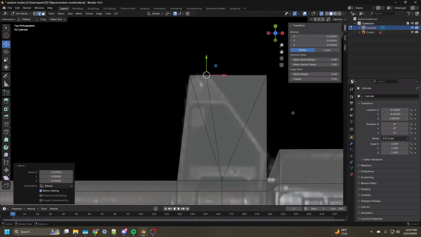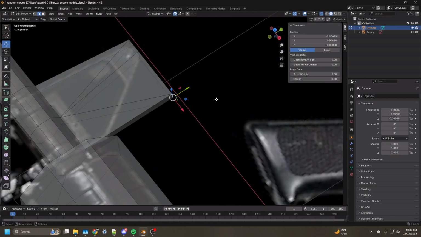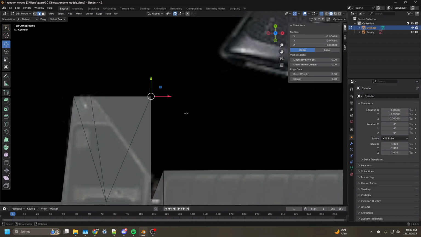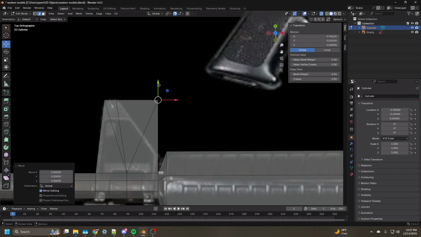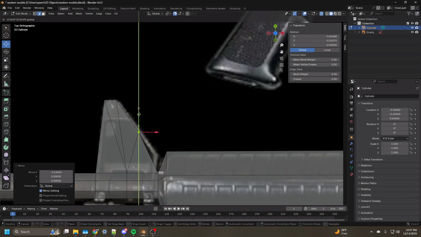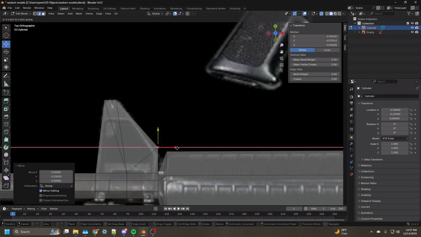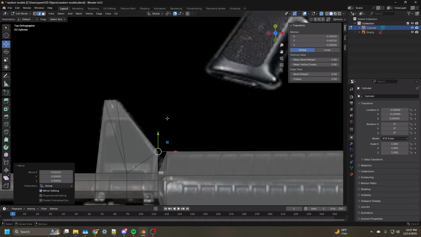Ah, and then I take this one and I align it not exactly there, but I guess I go half-ish. What if I put it in that corner right there? Well, that turned out to be pretty good.